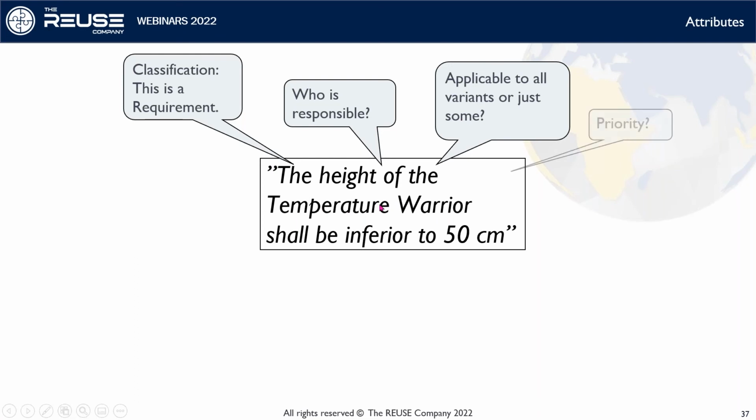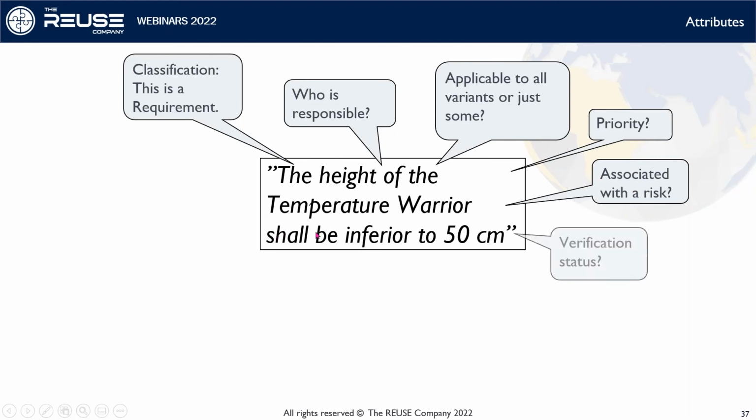Is there some sort of priority attached to this, or to the rest of the requirements in the same set? Have risks been identified with it, and what measures have been taken to mitigate them? What's the status about verification? Have we planned it? Have we performed it? Have we accepted it? What's the status of it?